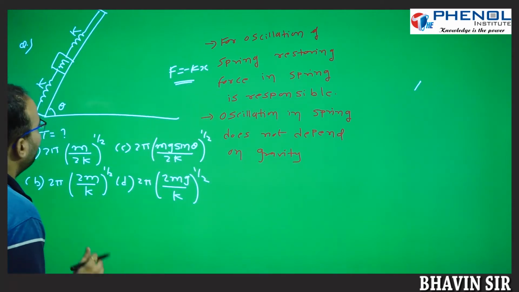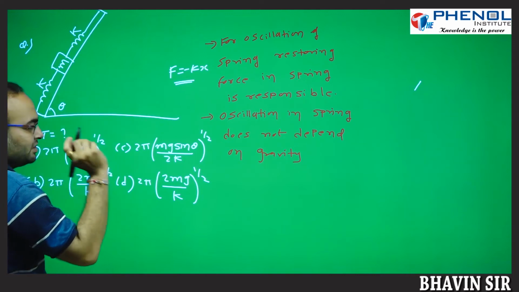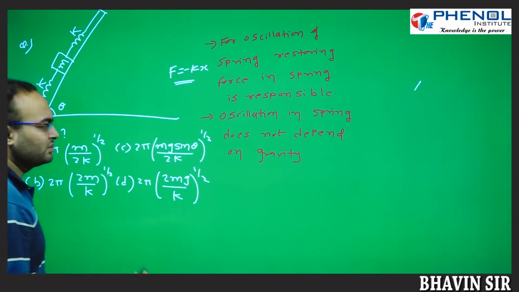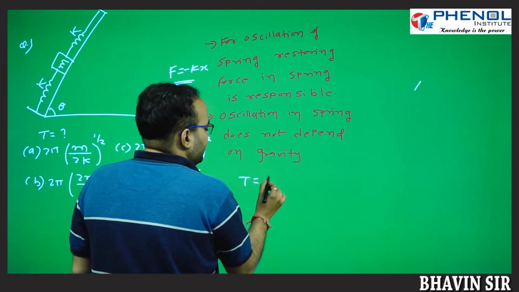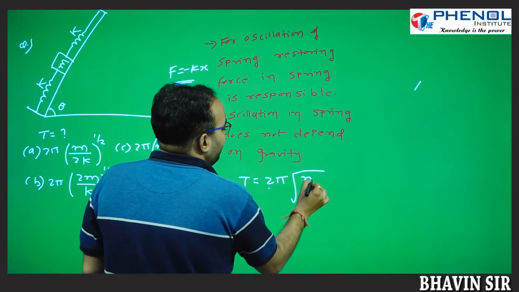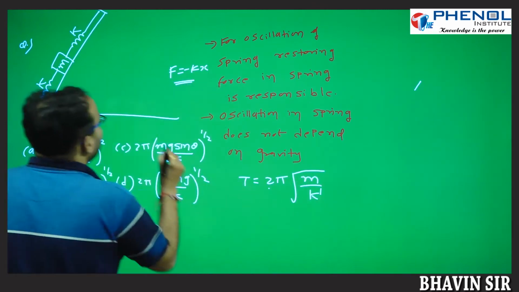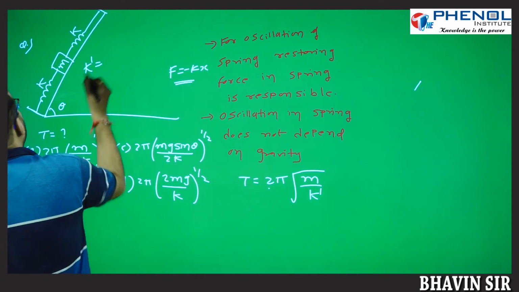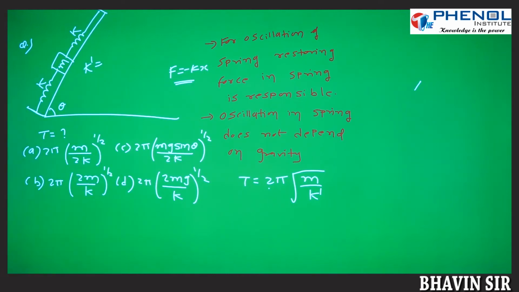So you just have to take the general formula, T is equal to 2 pi root m by k dash, where k dash is the equivalent spring constant. And what is the equivalent spring constant? Both springs are in parallel connection.